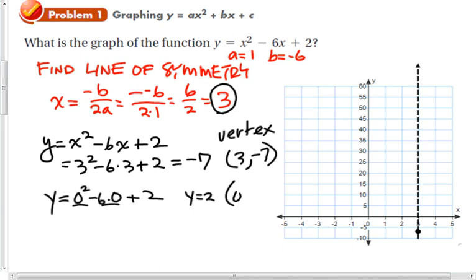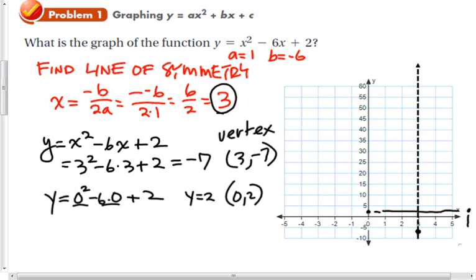So there's going to be a point at 0, 2, which is right about there. And then using the line of symmetry, I'm going to go exactly the same distance but over to the opposite side. So at 6, 2 will be another point.